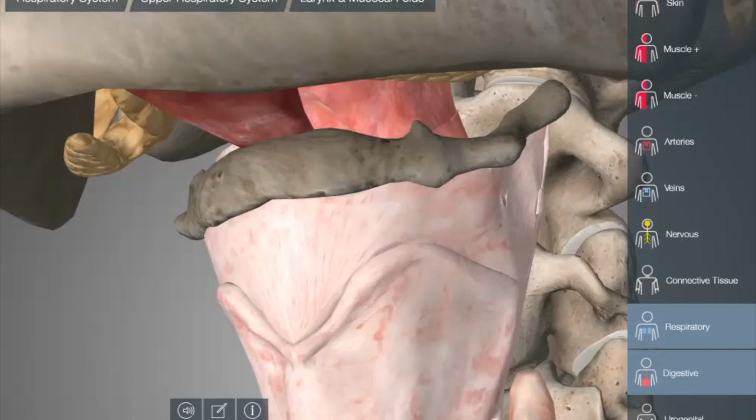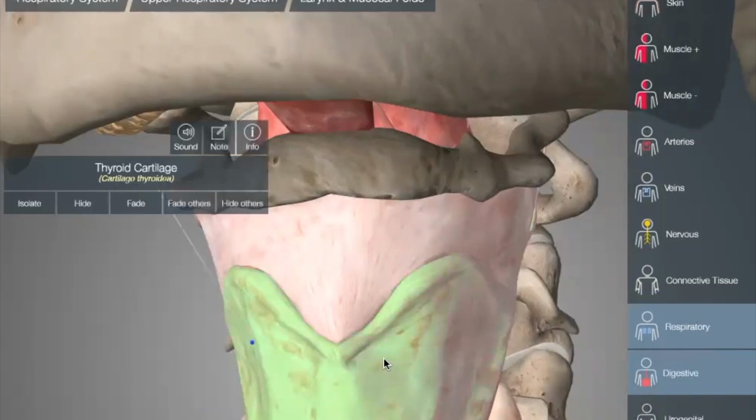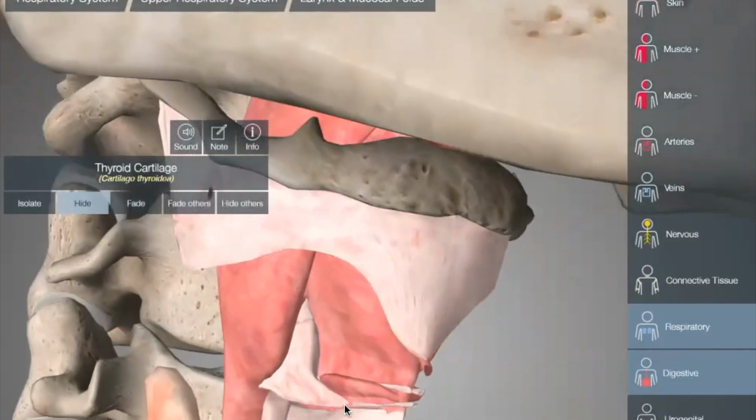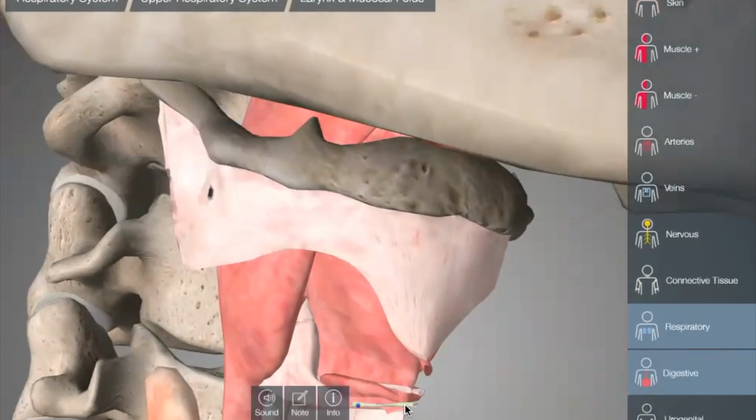Now the folds, what are the folds? First, you have the vocal folds.